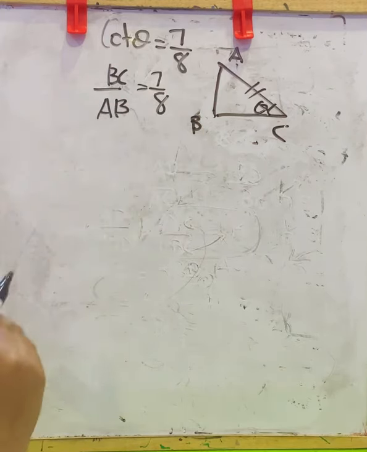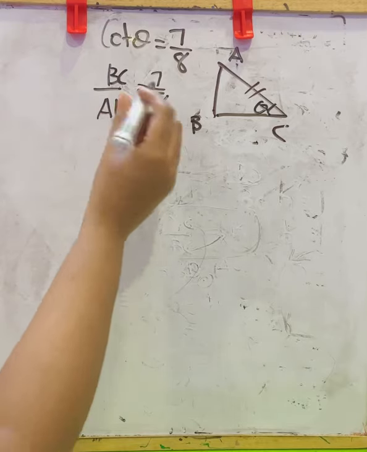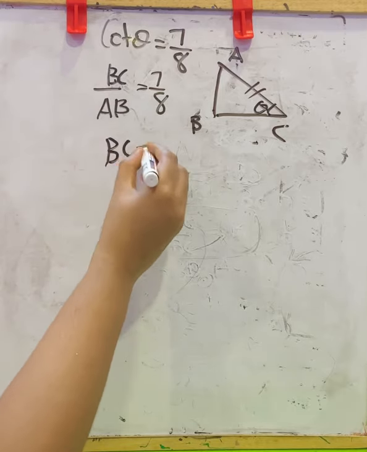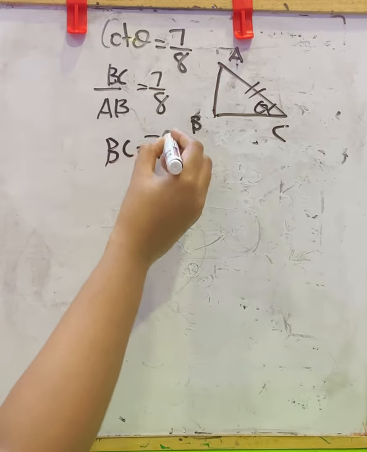Here look at the numerator, BC and 7. So BC will be a multiple of 7, let it be 7K, and we will write AB as 8K. So we got AB as 8K and BC as 7K. From that we will find out AC, that is hypotenuse. We have to apply Pythagoras theorem.